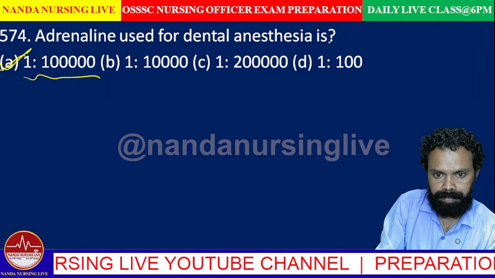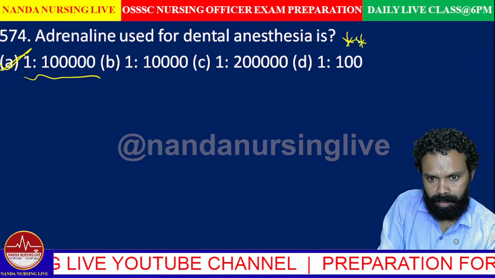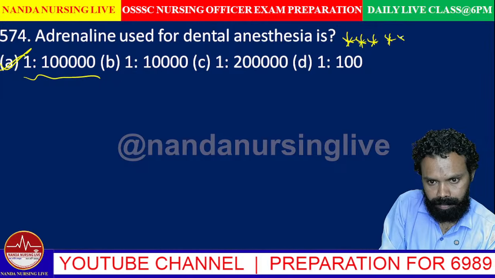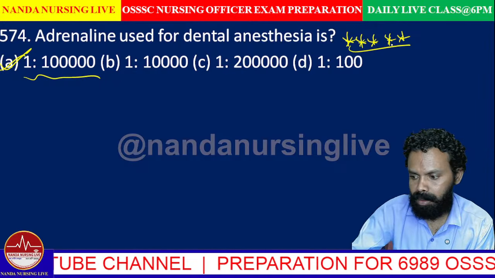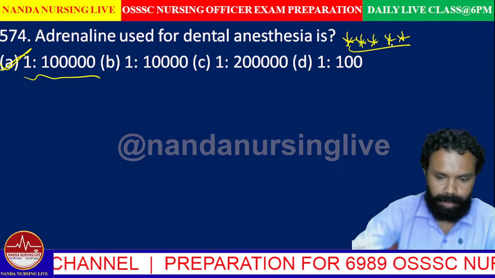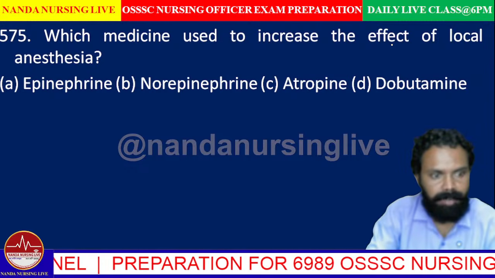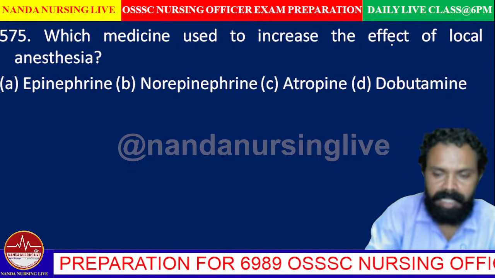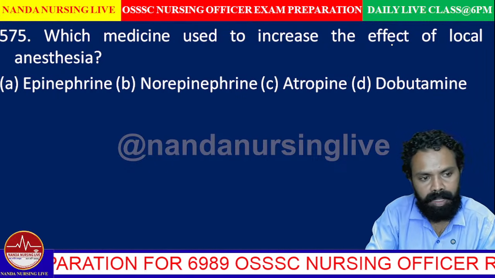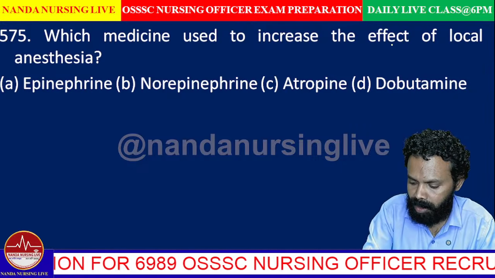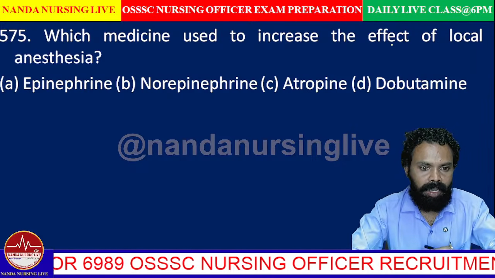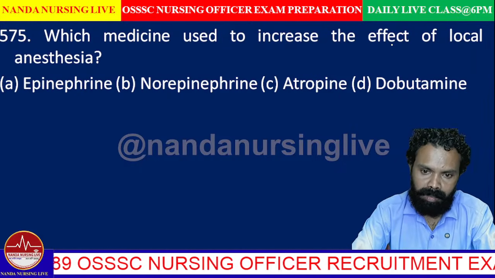Remember this, right? Next question, question number 575. Which medicine is used to increase the effect of local anesthesia? Option A is epinephrine, option B is norepinephrine, option C is atropine, option D is dobutamine.